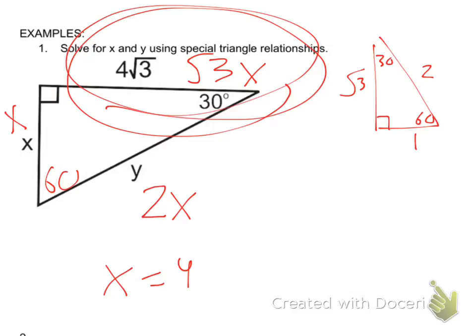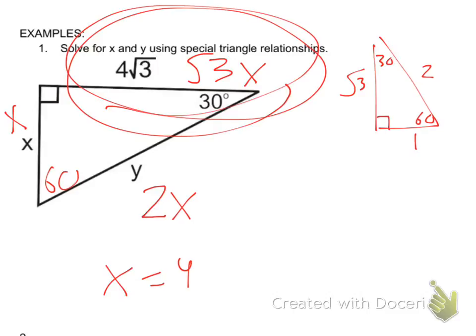You notice the big circle there? I wrote my side ratios that we talked about for a 30, 60, 90 triangle. How did you get x equals 4? These two numbers in the circle there have to be the same. So x has to equal 4, because 4 times the square root of 3 is square root of 3 times what?